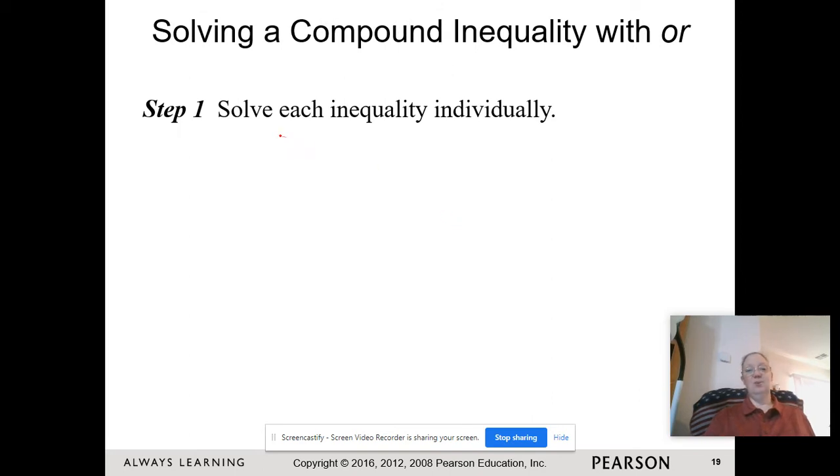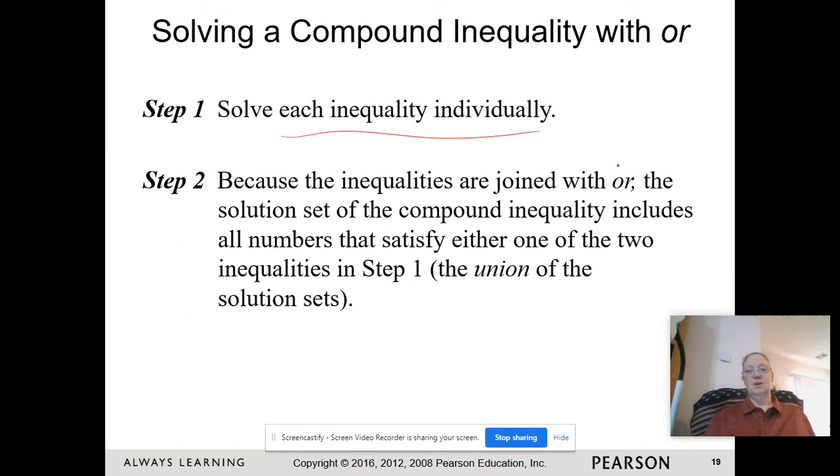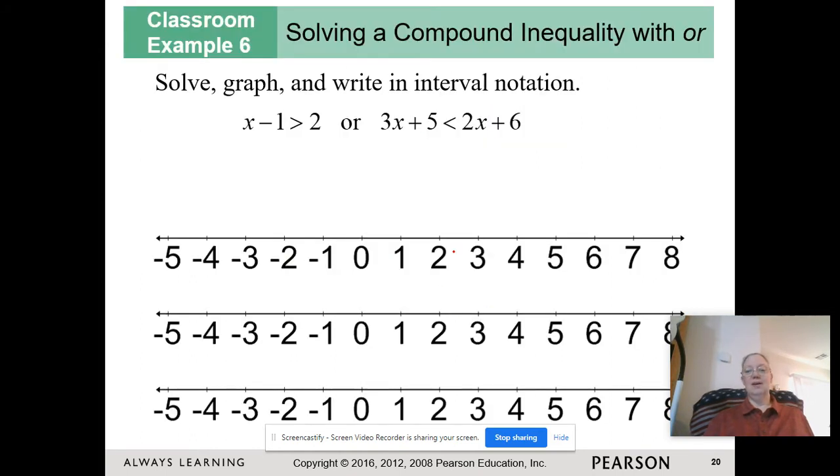Okay, so again, we're going to solve each inequality individually. Because they're joined with or, our answer is going to be every number that satisfies either one of them, aka the union. Again, we're going to draw 3 number lines. Again, you're going to want to line them up.